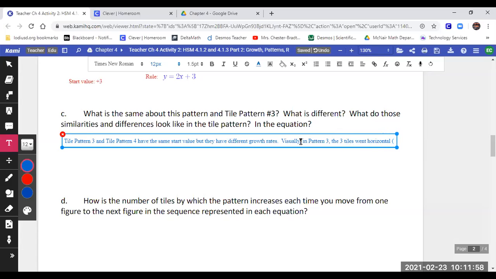Which is this one, right? Horizontal. So let me go like this. What's another more everyday word or phrase we could use for horizontal? What's another way to say horizontal? Because horizontal is a math word. What's an everyday word for horizontal?